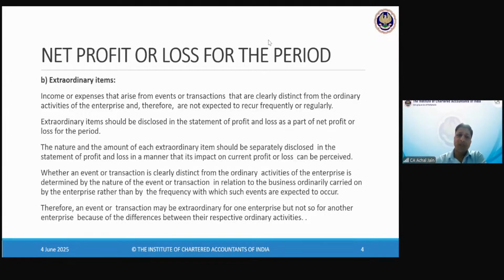Now, as regards extraordinary items, what is the accounting requirement? These are required to be presented separately in the statement of profit and loss, so there will be a separate line item. Plus, there will also be a disclosure in the financial statements. Correct? So that's what you have in case of extraordinary items.